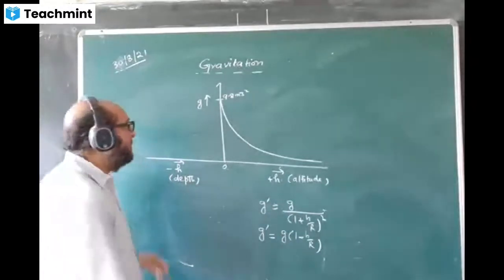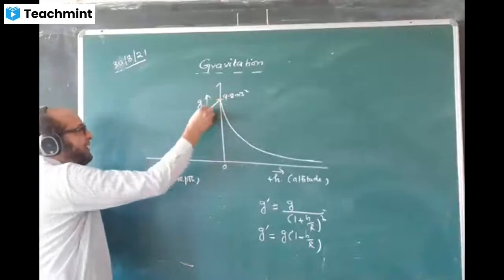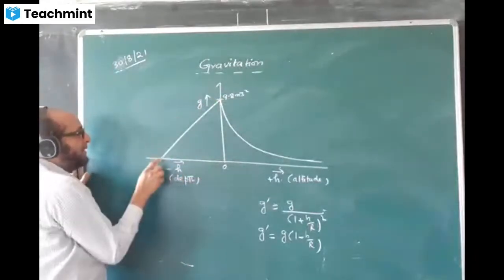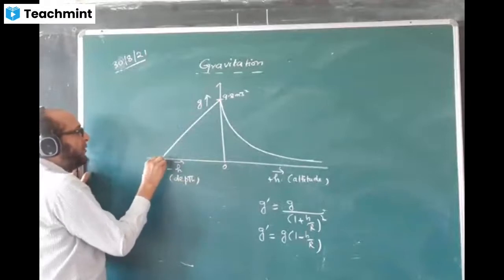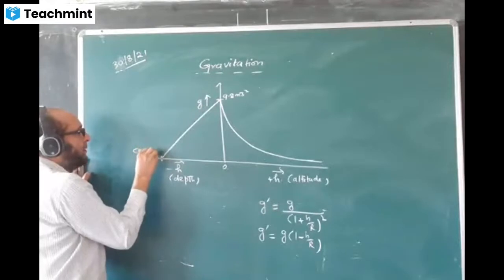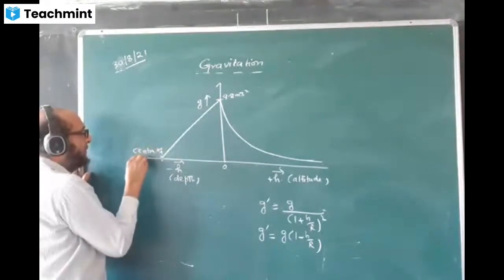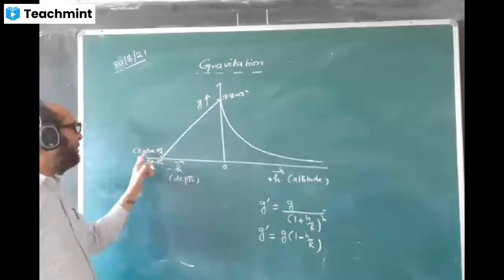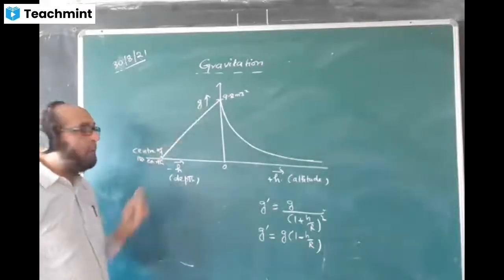You have to draw a straight line like this. And here it becomes 0. The value of g is becoming 0 here. This point will surely be the center of the earth. We can write it, center of the earth. This point is the center because at the center of the earth only the value of g becomes 0.